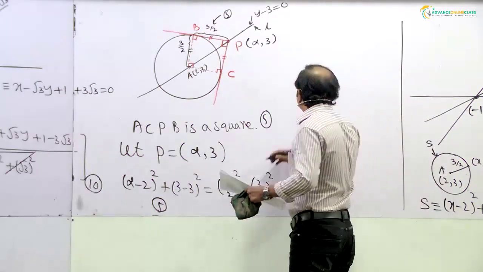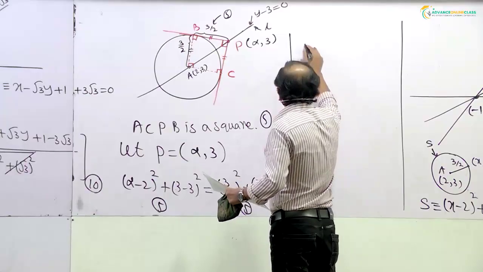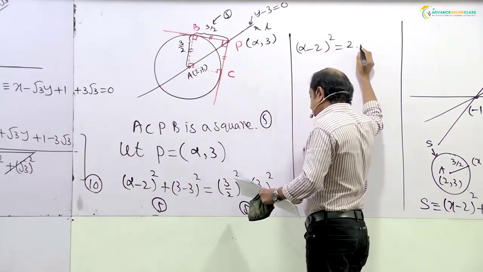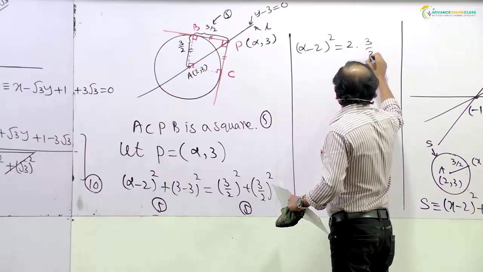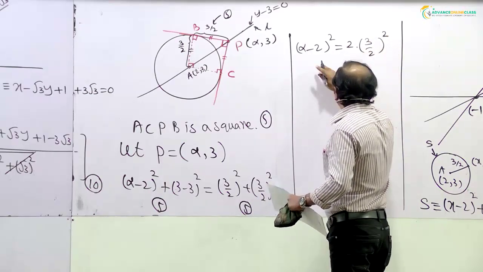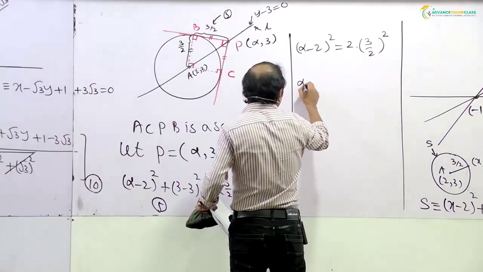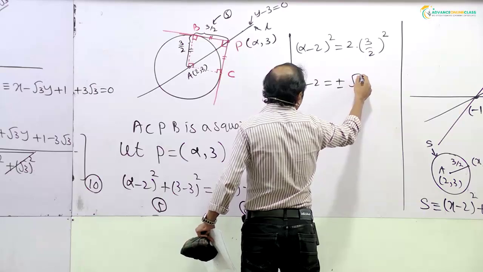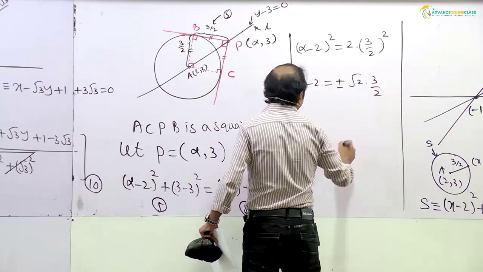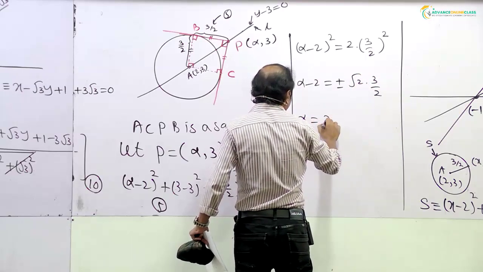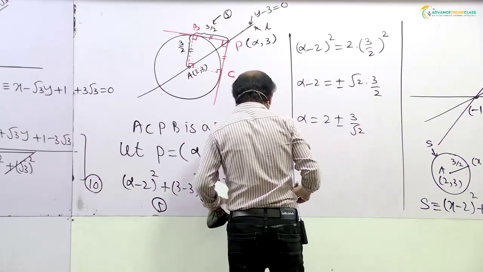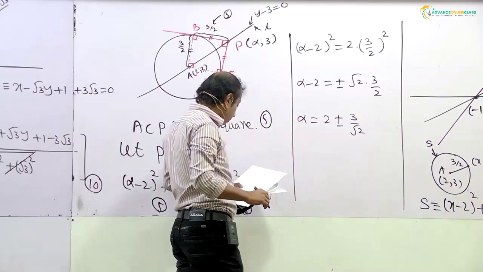When you simplify this, we get alpha minus 2 perfect squared is equal to 2 times 3/2 perfect squared. Now take positive and negative on the right hand side, take the square root. This way we get alpha equals 2 plus or minus 3/√2. 5 marks coming.